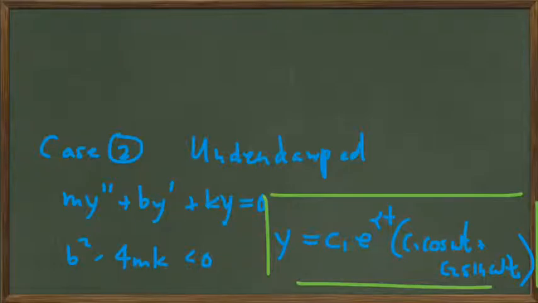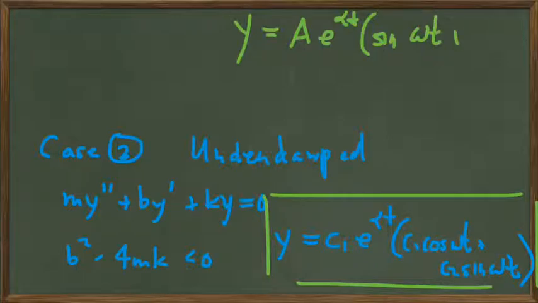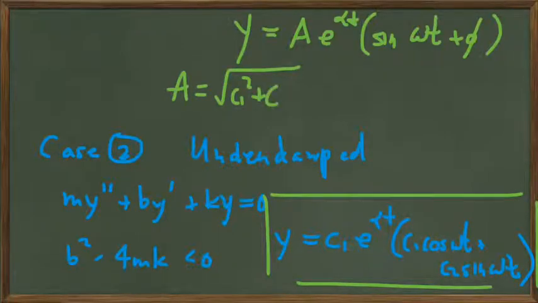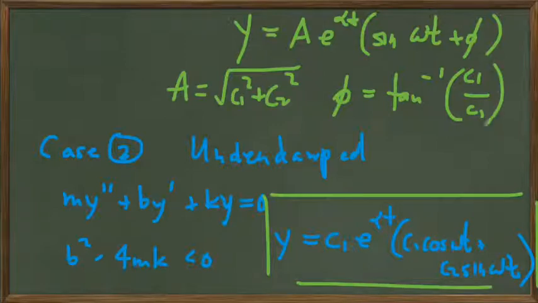And it turns out that we can turn this into a more desirable structure: A e to the alpha t sine of omega t plus phi, just like before, where A equals square root of C1 squared plus C2 squared, and phi is tangent inverse of C1 over C2 with the quadrant of phi determined by the signs of C1 and C2.